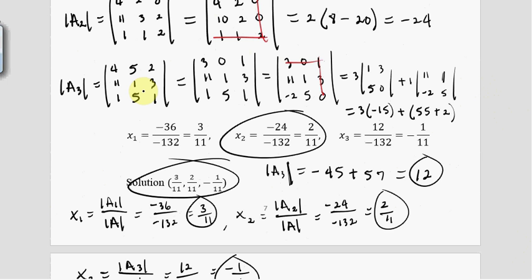Here, the goal is: is it possible to find the solution for a system without utilizing row-reduced echelon form, by using nothing more than determinants? The first time this came about, Cramer himself worked for an insurance company, and he was computing, years ago before computers.